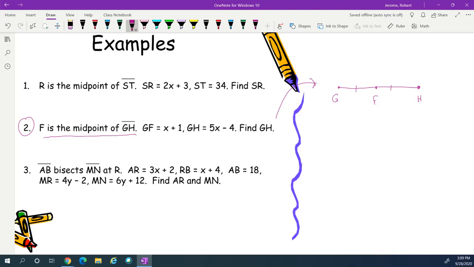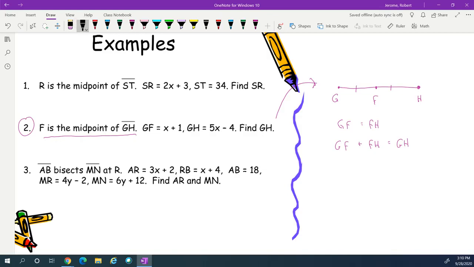So stop and think about what we know. We know GF is equal to FH, and we know that if we added them, we would get GH. Now, I don't know which of those equations I'm going to use yet, but I'm just understanding the picture. The two little parts are equal, and if I add them together, I get the whole thing.